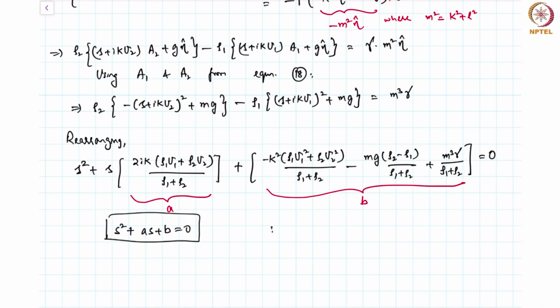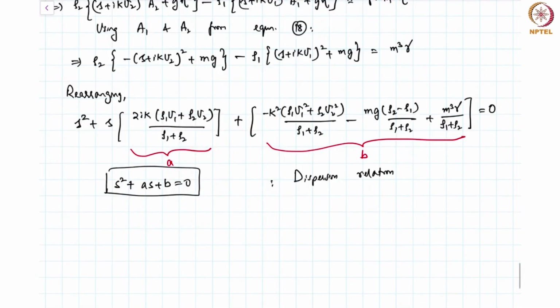This is my dispersion relation. It tells me how S varies as a function of the wave numbers K and L. It also tells me what is the dependence of S on the velocities u1 and u2 and the densities rho 1 and rho 2.